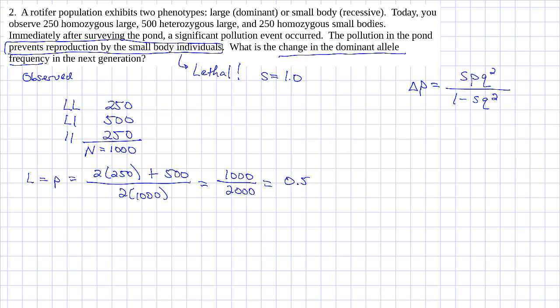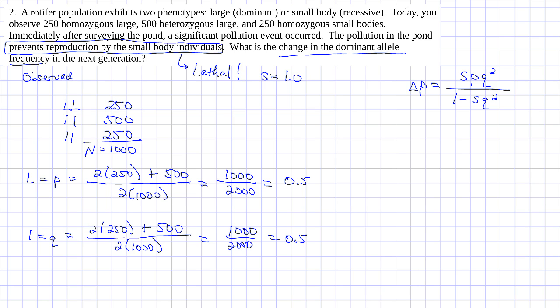I'll repeat this with our recessive allele frequency, or Q. 2 times 250 plus 500 divided by 2 times our population size. I get 1,000 divided by 2,000, which is equal to 0.5.